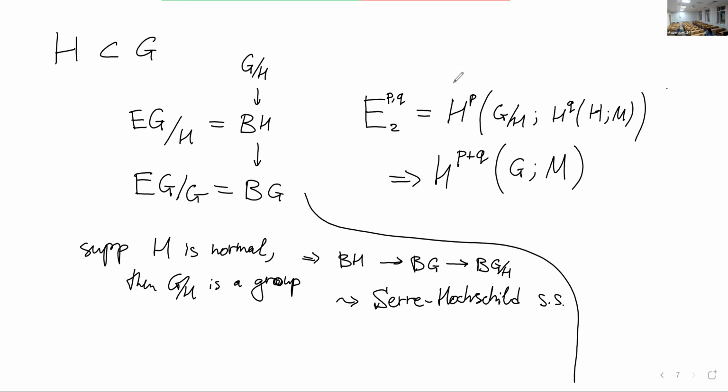Well, let's write it down. So G acts on H comma M, and on the first component we take the conjugation action, and on the second we just take the given action.